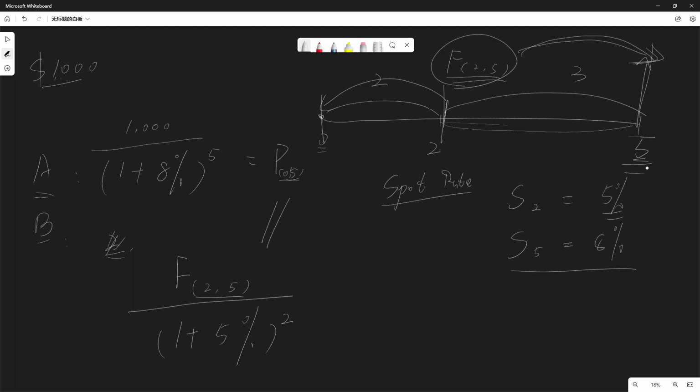So this is just a different way of solving the problem. I think this calculation is more often shown in the derivatives portion of the curriculum, so if you are more prone to that approach, you can do that. But from my personal perspective, I think this is the best way: you just discount back to now.